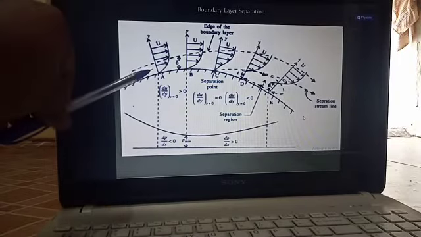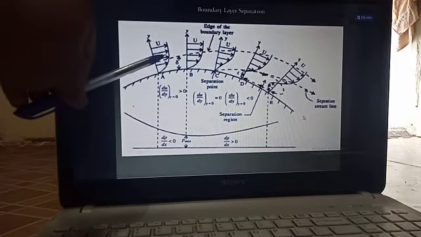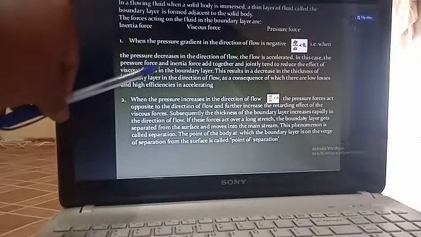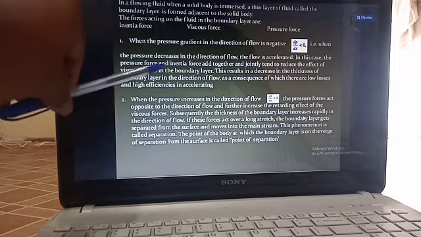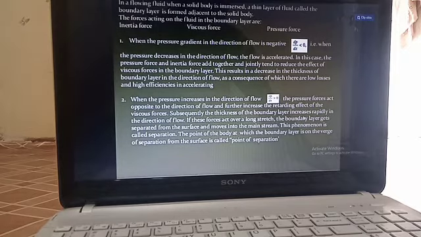In this case the pressure force and inertia force add together and jointly tend to reduce the effect of the viscous force.